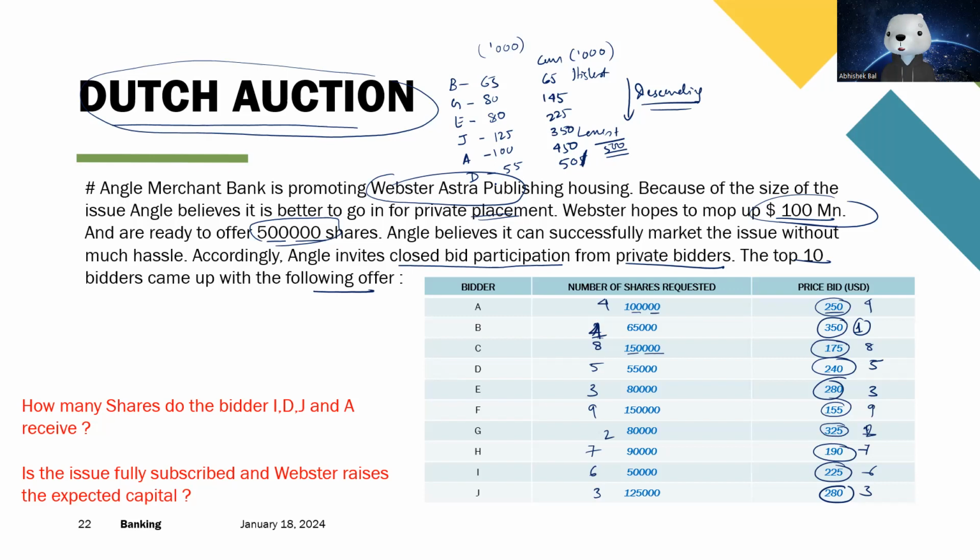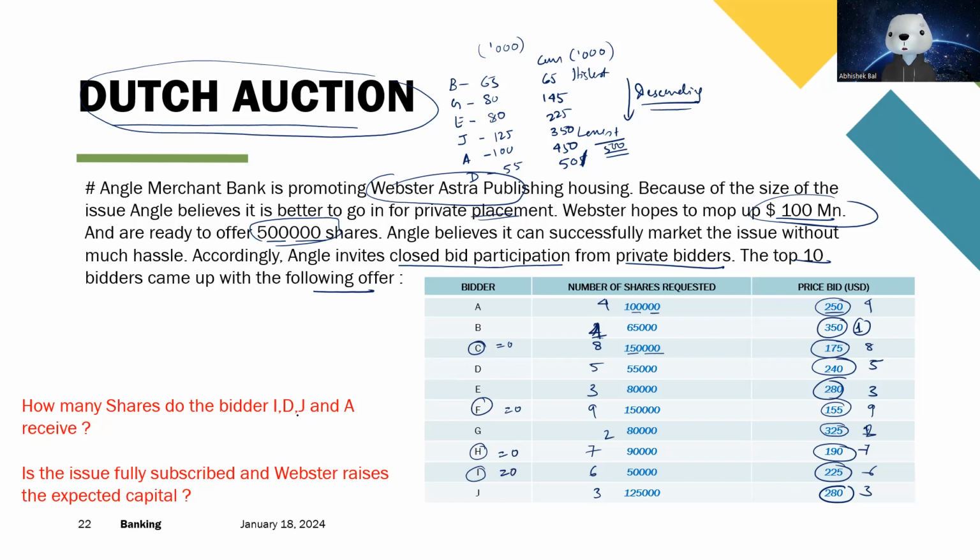Okay, so we can easily see that I, H, C, and F, they are not going to get anything. This is what a plain vanilla Dutch auction looks like.